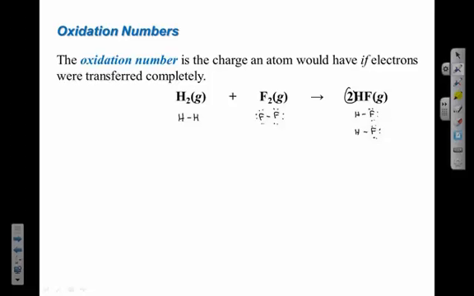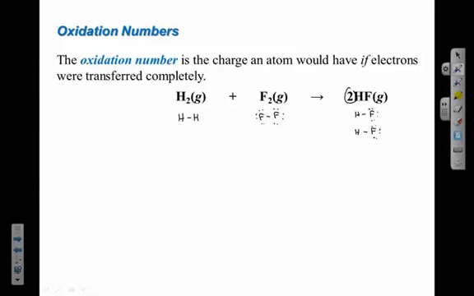Okay, so it gets a little bit more complicated. The first example we saw was really straightforward. When you can clearly see that something is changing its charge, that it's either picking up electrons or losing electrons, you know it's a redox reaction. So in this case, though, think about the hydrogen. When it's bonded with another hydrogen, the electrons that are shared should be shared evenly, right?